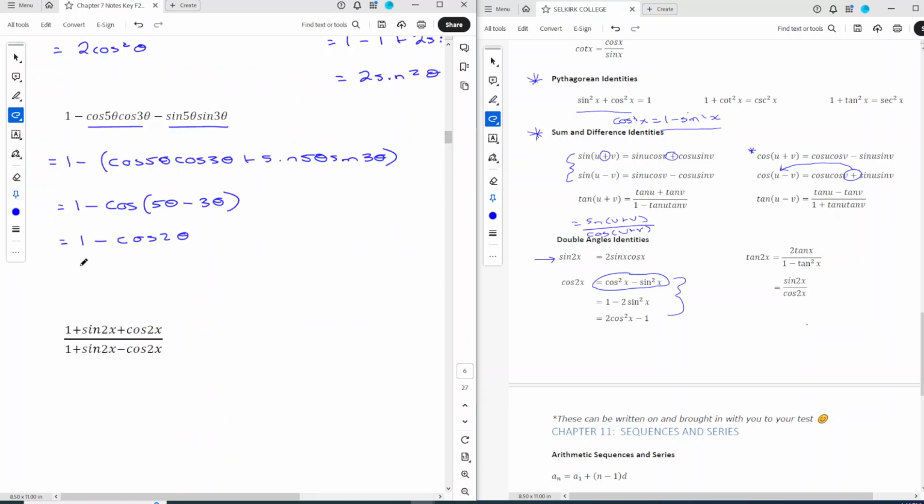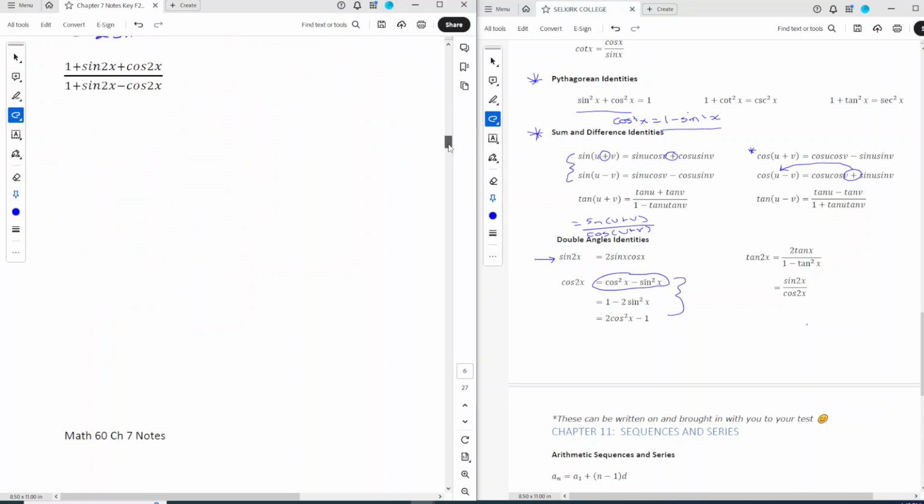I want to eliminate the 1. So which one am I going to choose? Well, I'm going to choose the one that has the positive 1. So 1 minus 2 sine squared theta, which will leave me with 1 minus 1 is gone, and then negative negative makes that 2 sine squared theta. Right? So incorporating our sum and difference identities in a backwards way, as well as our double angle identity.